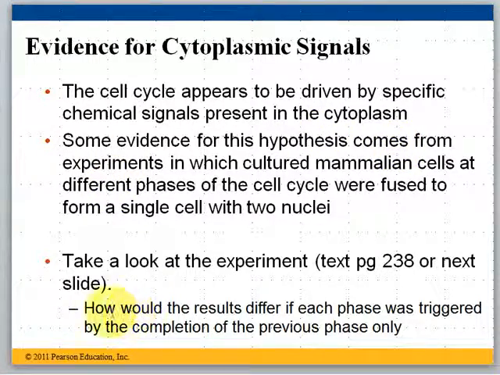Let's ask ourselves this. If you look at that slide, how do you think the results of that experiment would be different if each phase was triggered by the completion of the previous phase only? In other words, if there wasn't some chemical signal floating in the cytoplasm, but there was some other method whereby the cell didn't start the next step until the last step was finished, well then how do you think that experiment would pan out?